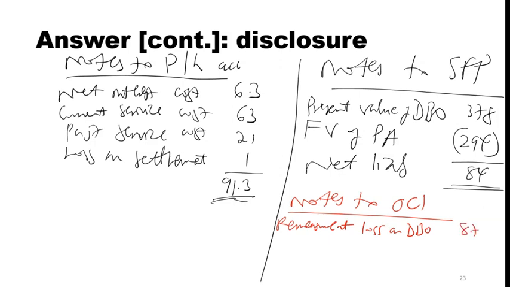This was 87.9, and the remeasurement gain on plan assets, which was 32.2. Then we have our 55.7. I think that was it.